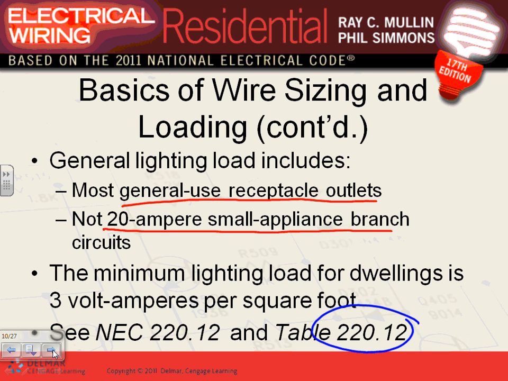So I'll leave that to a different presentation, but I want you to know that 3 volt-amps per square foot counts for general purpose receptacles and general purpose lights. It doesn't count for the air conditioning. It doesn't count for the microwave.